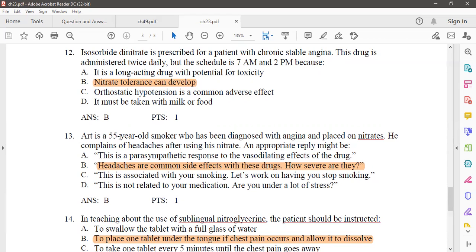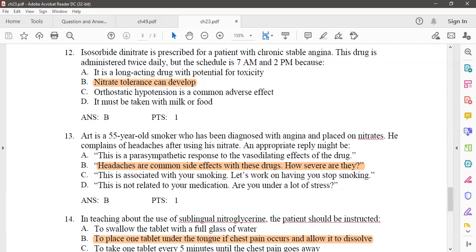Art is 55 years old, a smoker, who has been diagnosed with angina and treated with nitrate. He complained of headache after using this nitrate. An appropriate reply might be: headaches are a common side effect with these drugs.